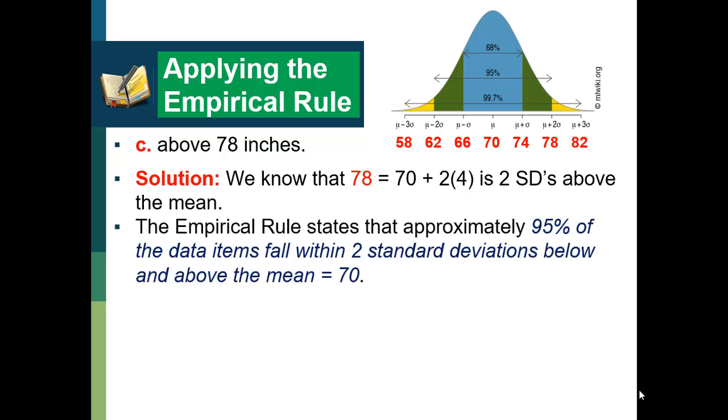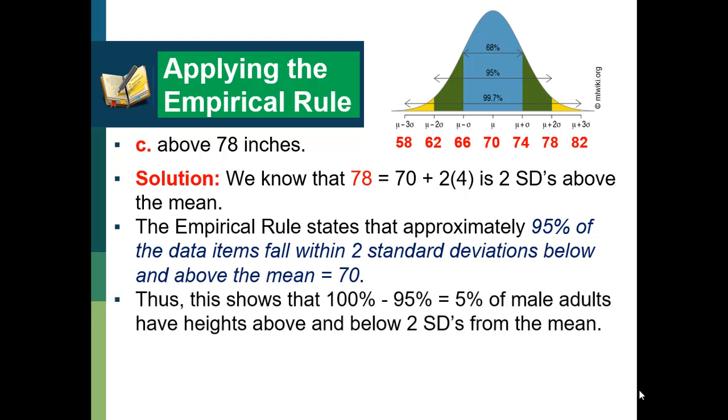According to the empirical rule, 95% of the data items fall within 2 standard deviations above or below the mean 70. Since we're only looking for above 78 inches, then we don't need the 95%, because above 78 inches means above the 2 standard deviations.